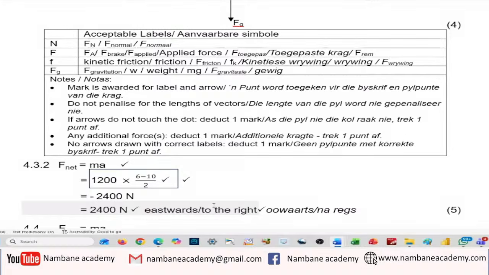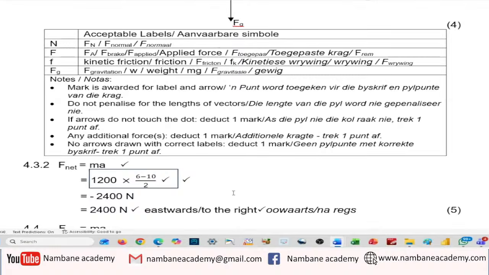So the mark allocation will be 1 mark for the correct formula, 1 mark for the substitution into the calculation of acceleration alone, colleagues. So 6 minus 10 over 4 minus 2, that substitution alone will have a mark. And the third mark will be for the total substitution into the formula F net equals ma, where the acceleration that has been calculated is multiplied by the mass. We will not have a mark on negative 2,400 newtons, but the learner must show it.